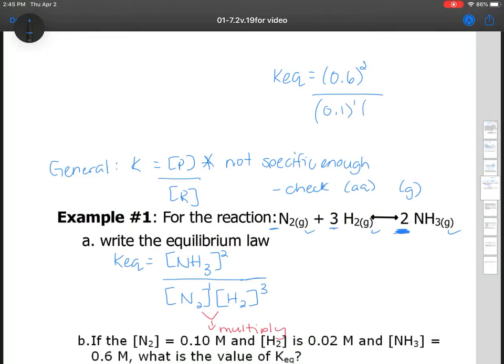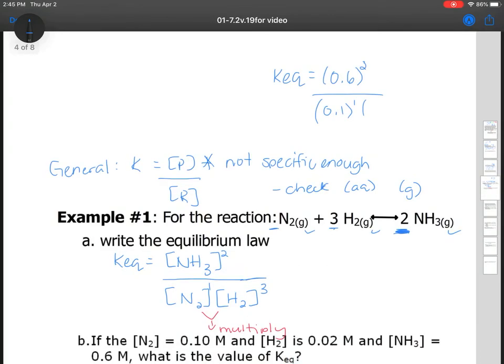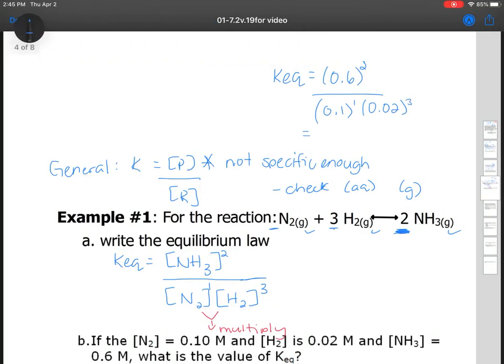Okay, so 0.6 is going to be squared, 0.1 is to the power of 1, and H2 is 0.02 squared. Cubed. Cubed. Okay, so you can decide how much work you want to show.